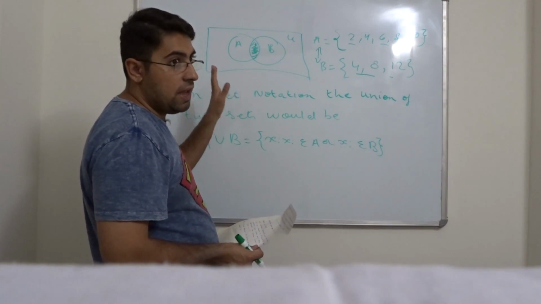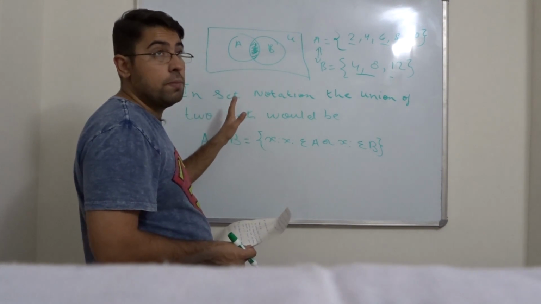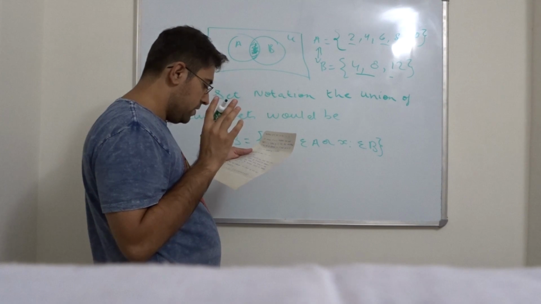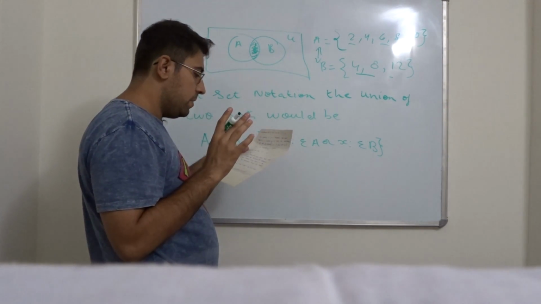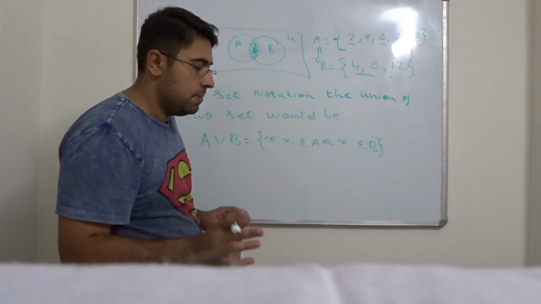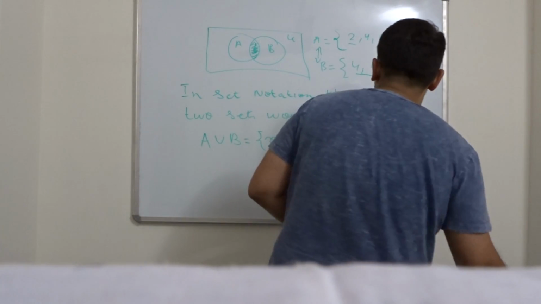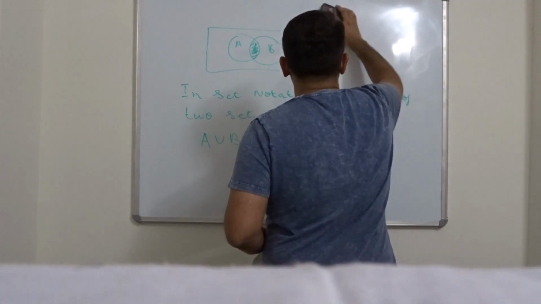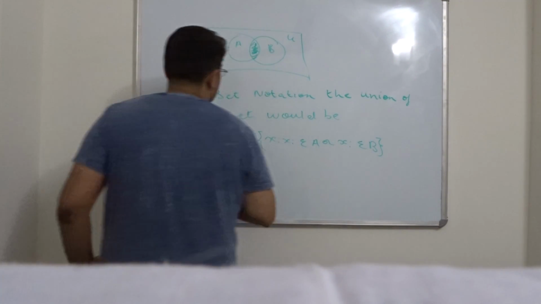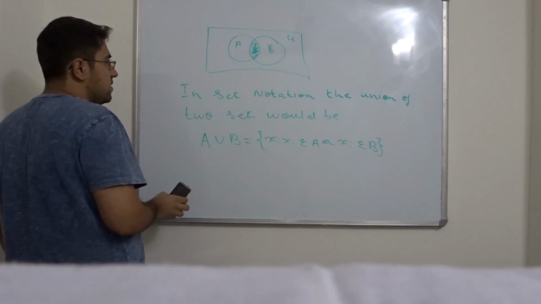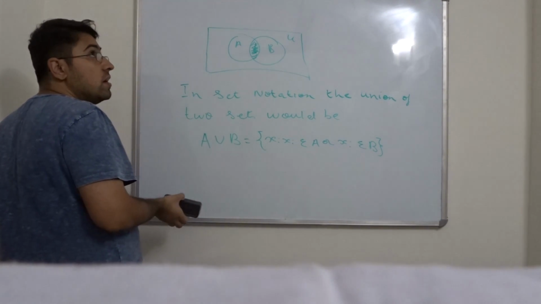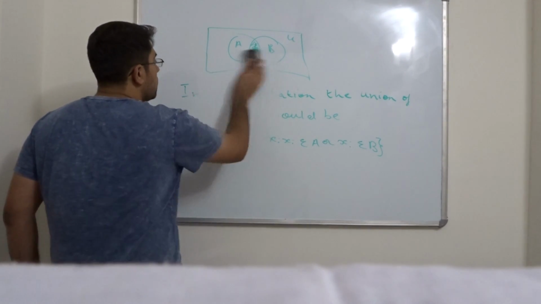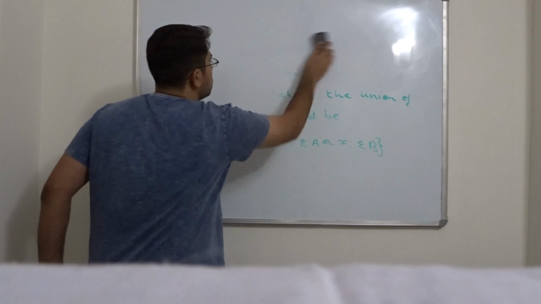Two sets will have common elements taken only once, meaning they'll have unique, distinct common elements. That's all it means. But don't worry, as we do the practice exercises, you'll understand this more.